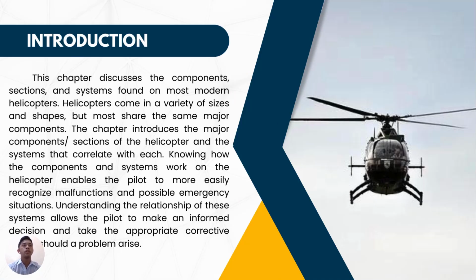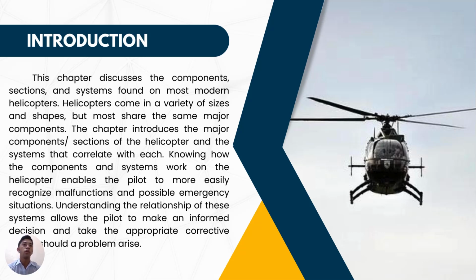So this chapter discusses the component sections and systems found on most modern helicopters. Helicopters come in a variety of sizes and shapes but must share the same major components. The chapter introduces the major components, sections of the helicopter, and the systems that correlate with each.